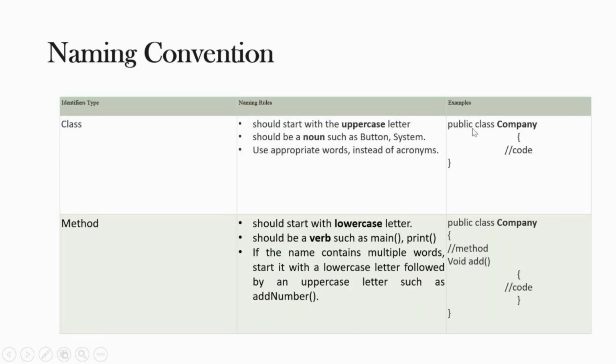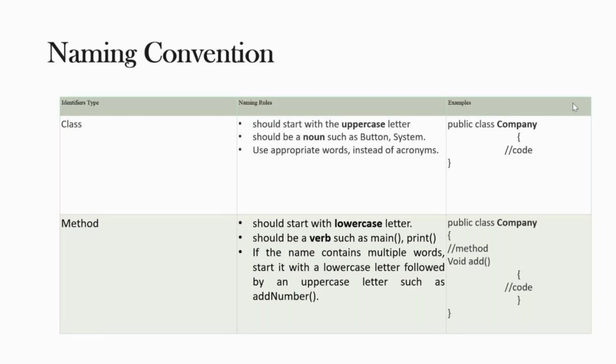So whenever you say public class and give some class name, the very first letter should be the capital one, the uppercase, and it should be a noun. Noun and all, it's basic English grammar; I'm not going into that particular topic. So generally you can give anything.